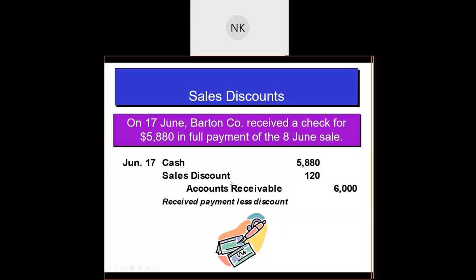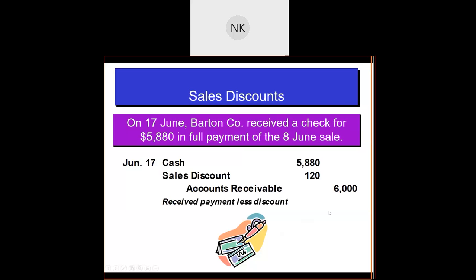And the accounts receivable, it's actually to reverse. We credit the accounts receivable because this customer already paid, so you have to knock off. We call it knock off. We have to knock off the accounts receivable to make it zero, I mean the one that is 6,000 just now.